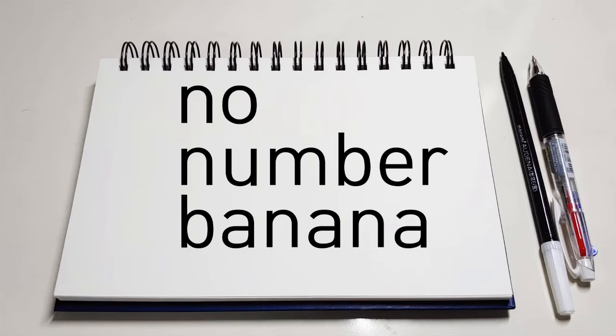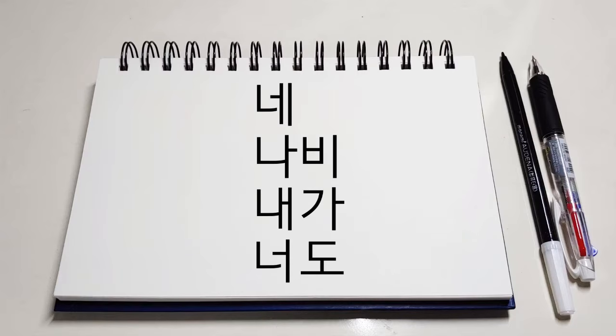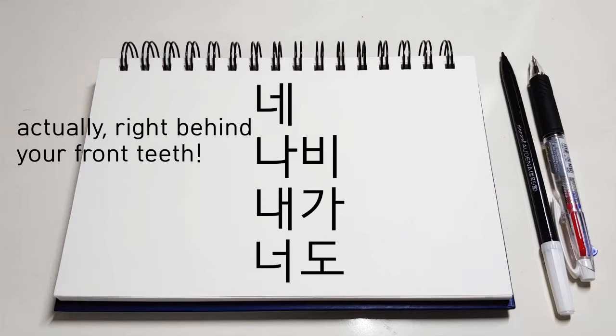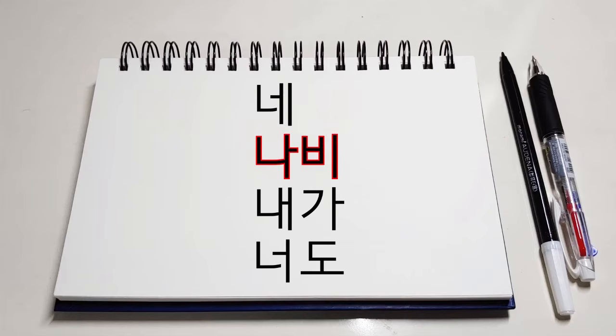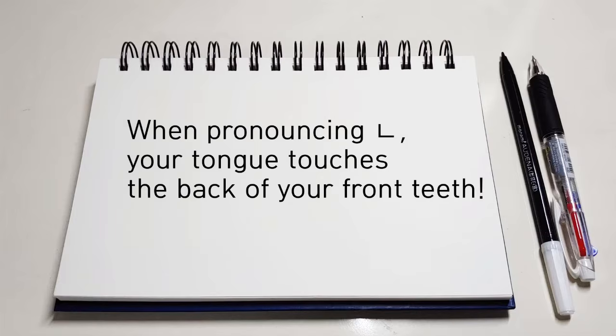No, number, banana. But when pronouncing Korean 니은, your tongue touches the part quite close to your front teeth. 네, 나비, 내가, 너도. So that's why it can sound a bit like a D sound.